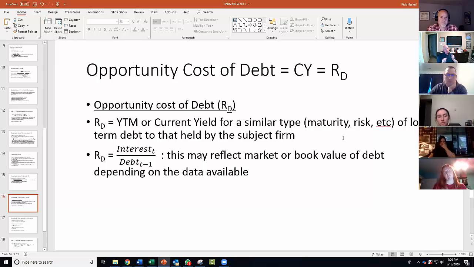It's the opportunity cost of that kind of debt for that kind of company today. And the only difference between RD and YTM is in the bond equation, YTM is a periodic rate and RD is an annualized rate. So if we take an annualized YTM and an annualized RD, they come to the same number.